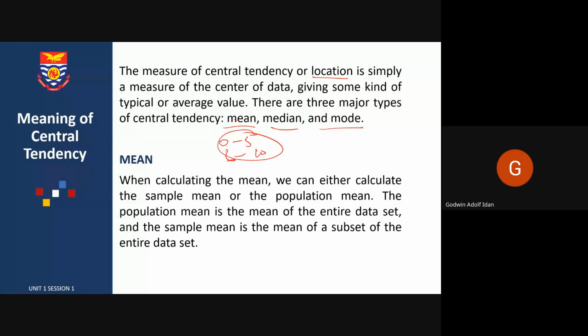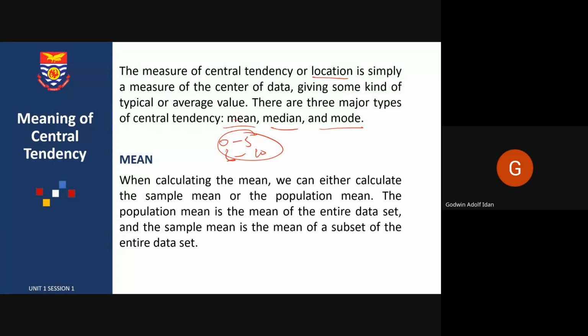We go through the various approaches to group them, but that is not the focus of the class anyway. Our focus is going to be on, if the data is already grouped, how are we going to compute the various measures of central tendency? And we are also going to do so for a sample and a population.